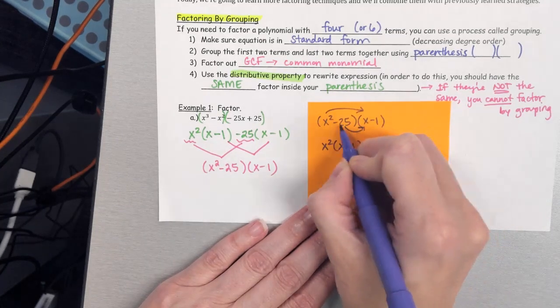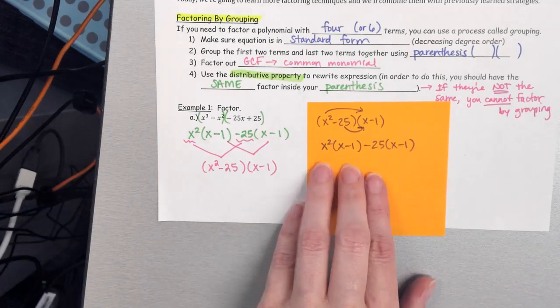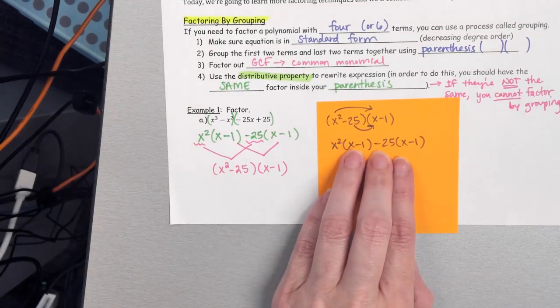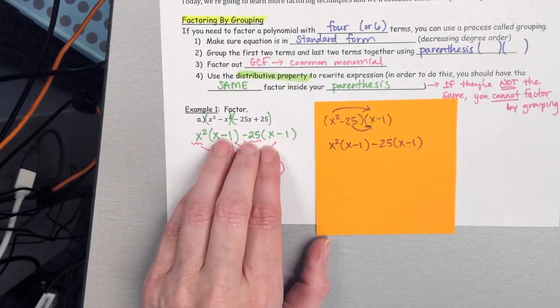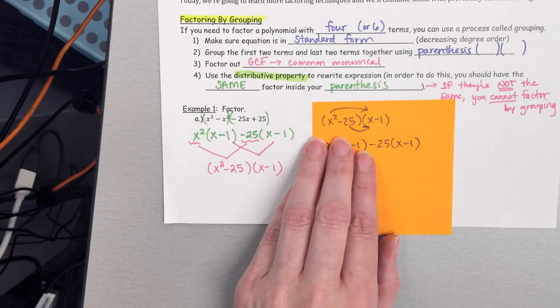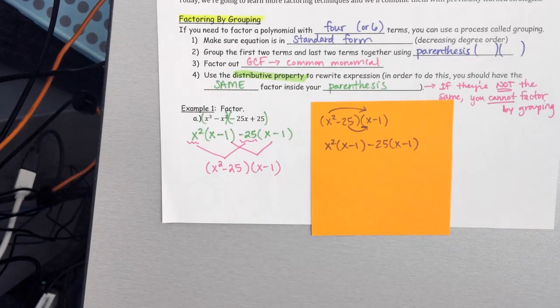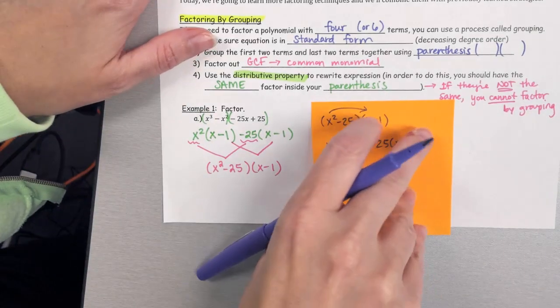And if you were to distribute negative 25 to x minus 1, you would have this. See how this is exactly the step that we have here? We're rewriting it with distribution. So these two mean the exact same thing. We're just organizing them differently now.